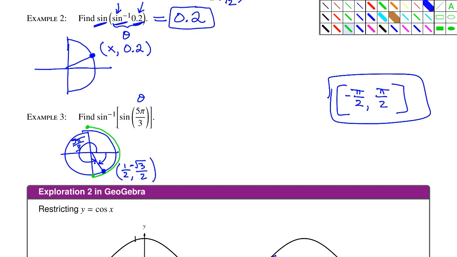And the answer is this angle would be negative pi over 3. And that's the answer. So you have to sort of finesse the angles to get them within the right range, even though they do represent the same point on the unit circle.